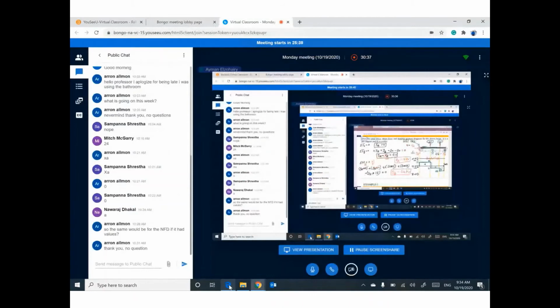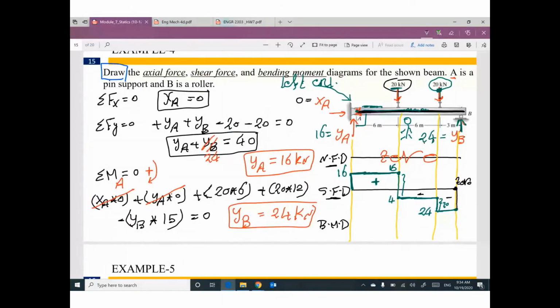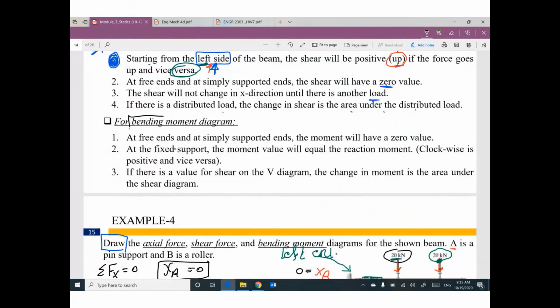Okay. How to draw bending moment? I'm going to draw the bending moment diagram here. For the bending moment diagram, at a free end and at a simply supported end, the moment will have a 0 value.